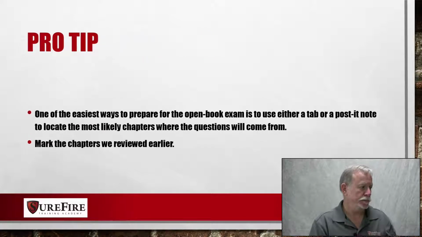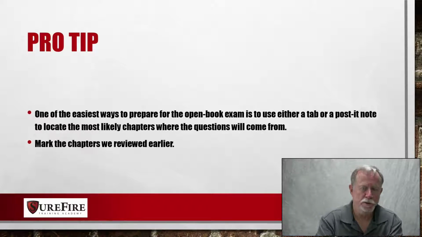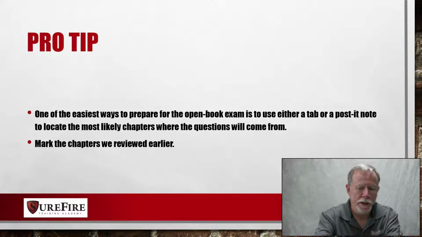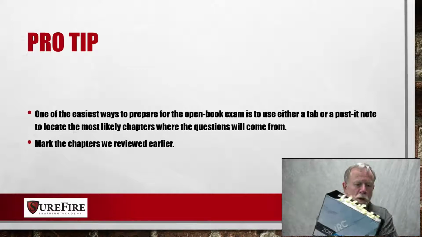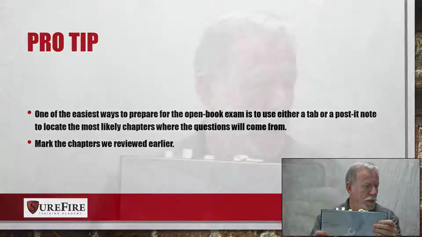All right. Another tip that you will find useful if you're taking the exam with an open book, with the written copy, is to put some little markers, some little tabs on your book. Here's a link to the index.